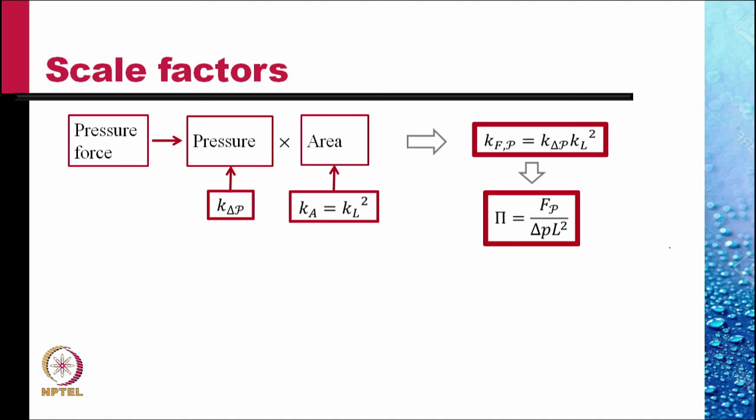And so Kf for the pressure force is K delta P times KL square, or pi is equal to Fp divided by delta P L square. Notice that we have converted P into script P, which is the non-gravitational pressure discussed earlier.